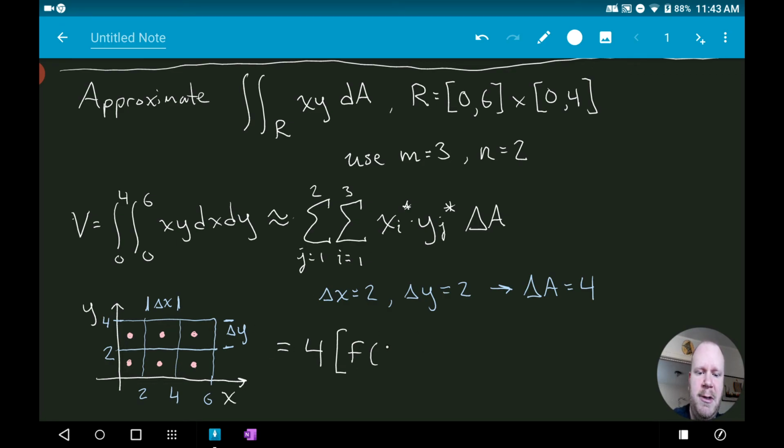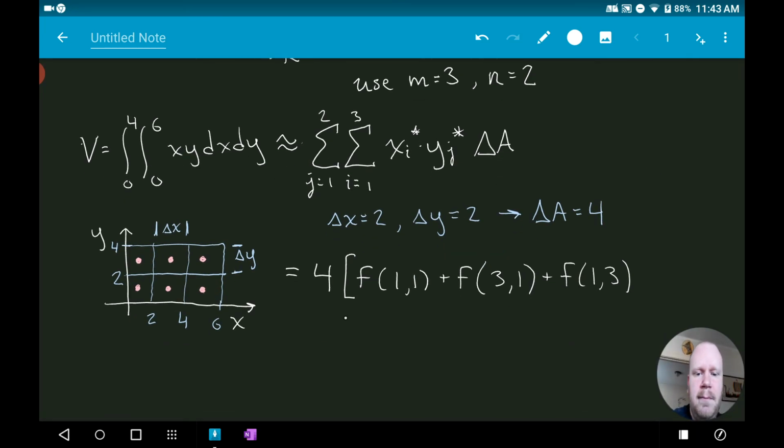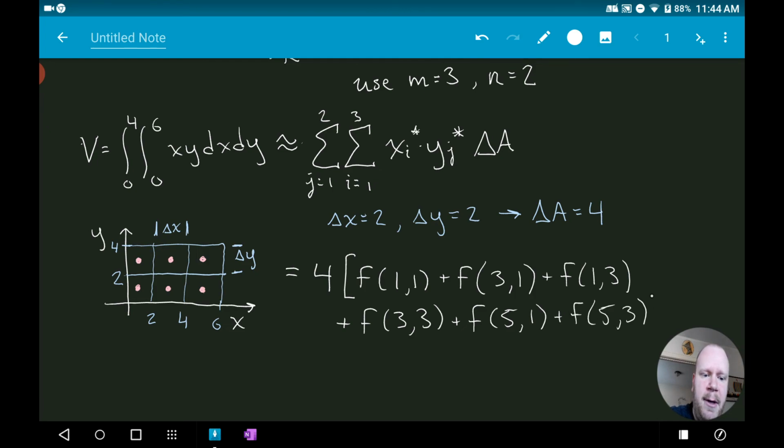So I'll start at the bottom left corner there. This is f of 1, 1. Summation means plus, so we're adding all these up. f of 1, 1, f of 3, 1, f of 1, 3, f of 3, 3, f of 5, 1 plus f of 5, 3.